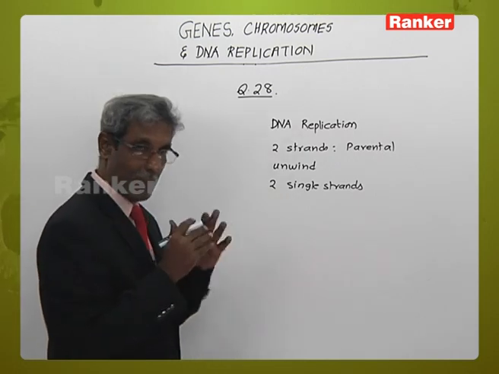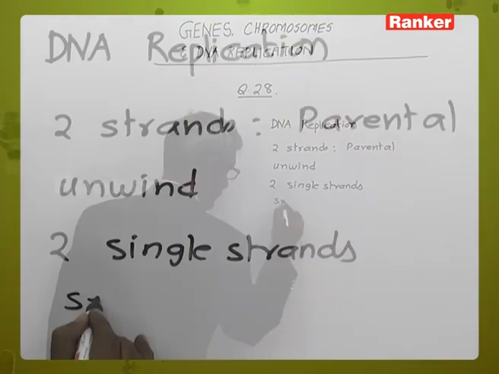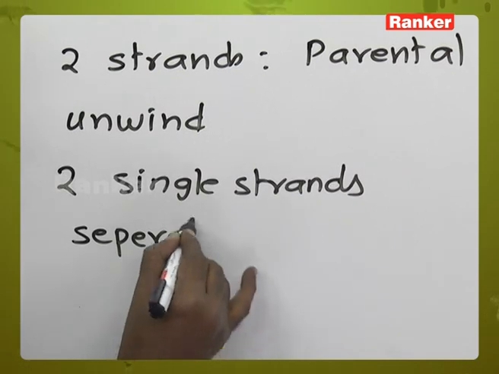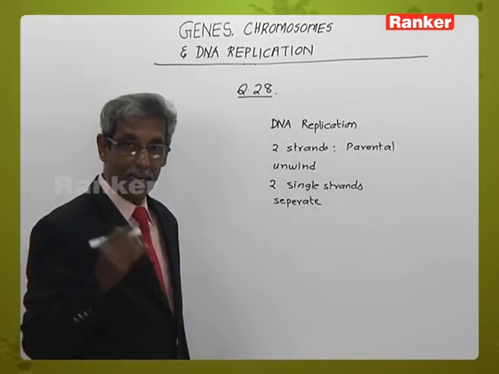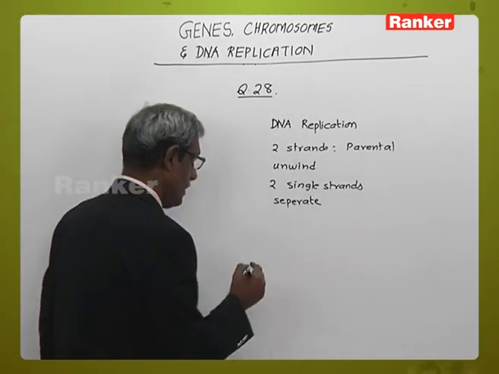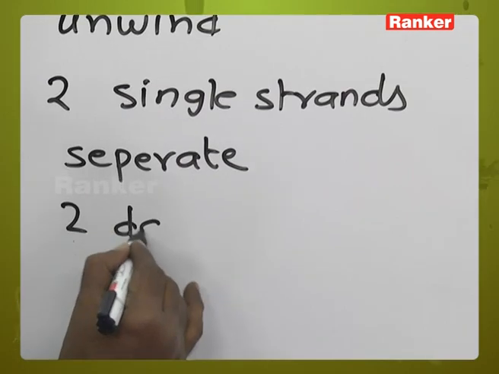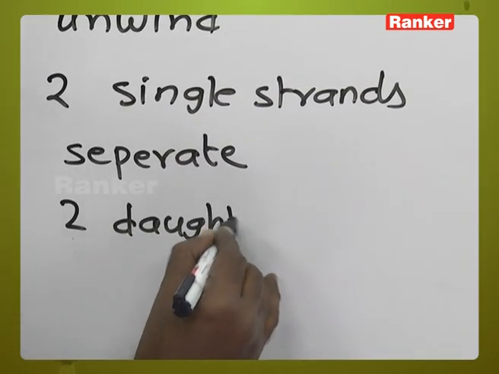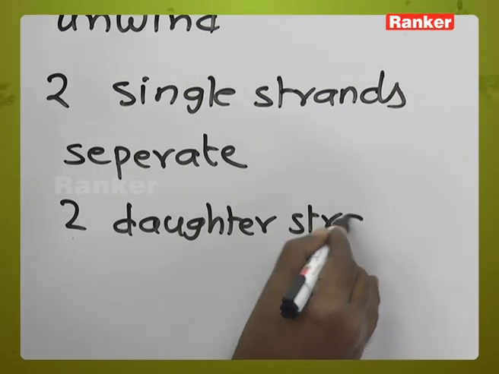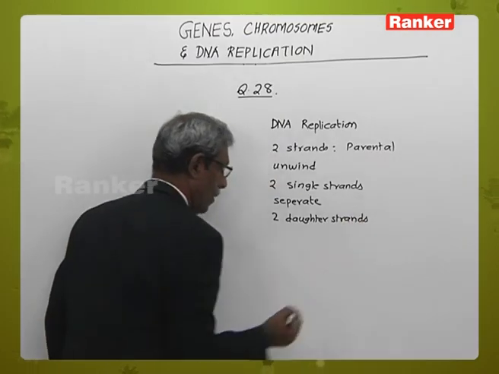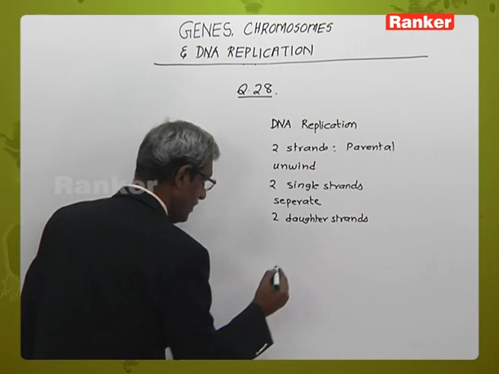When the two strands separate, they in turn can synthesize two daughter strands. One on each.